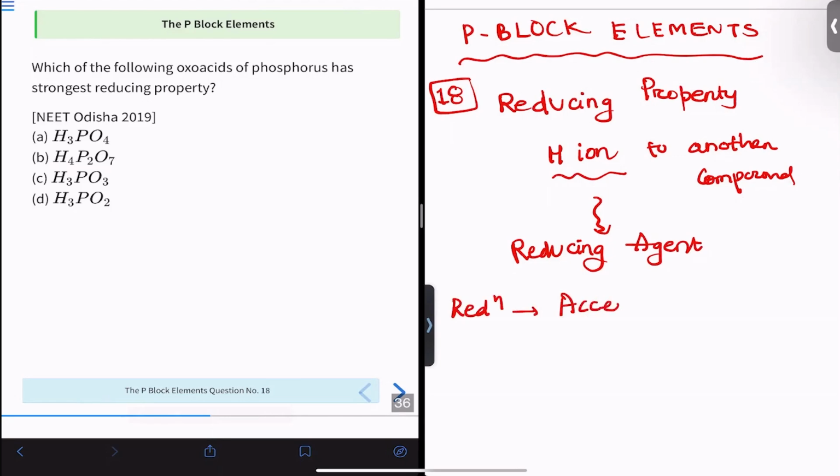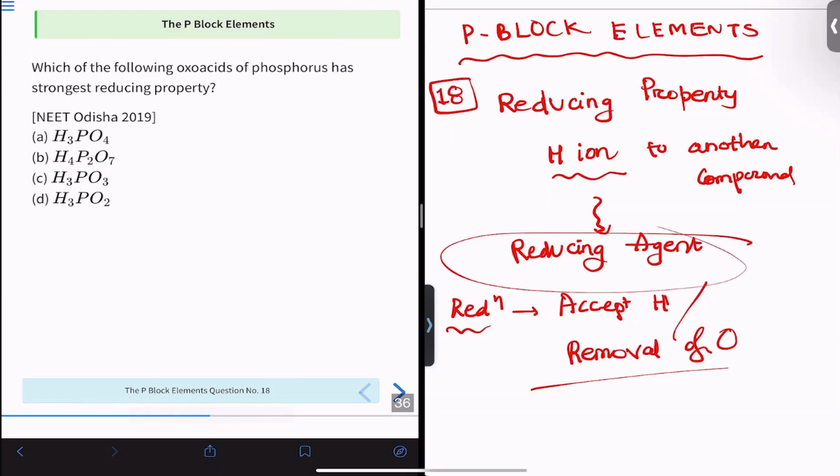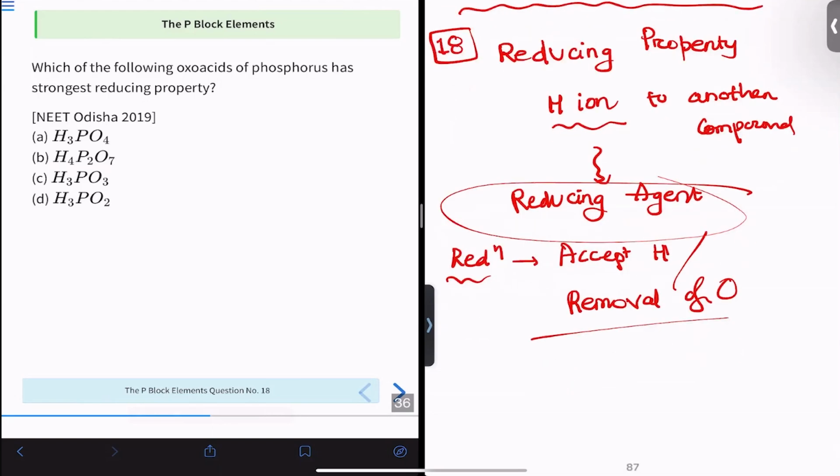So the meaning of reducing agent is the compound which is able to give one of its hydrogens to another compound. To be a reducing agent, the compound must have hydrogen, then only it can give hydrogen.